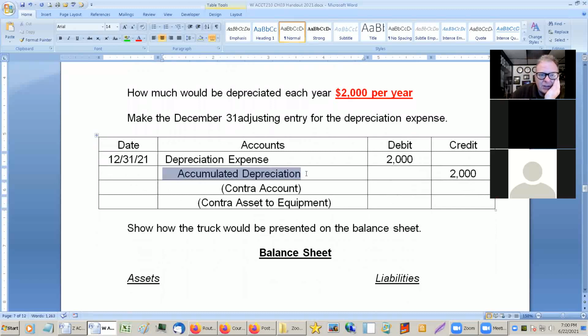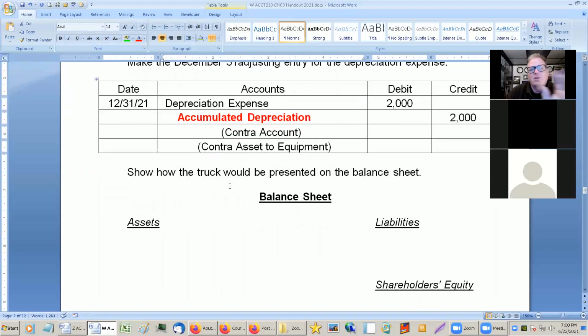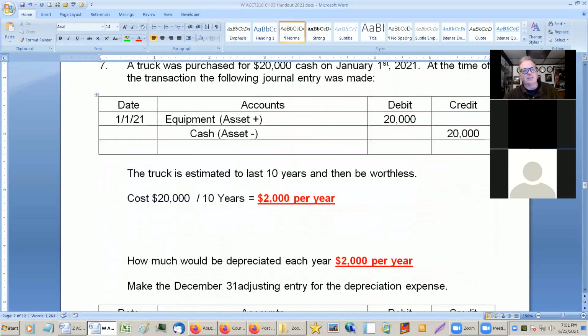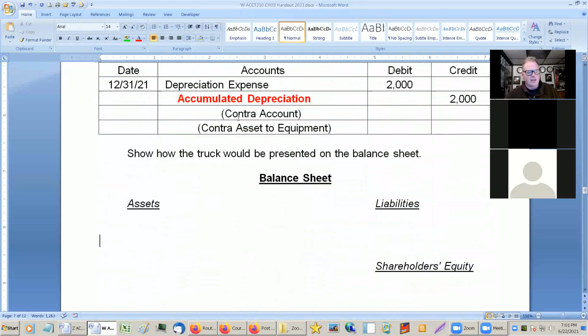So this is kind of the wacky one, and we'll see how this works out down here. This is how you guys actually saw this before. This is what we did in the accounting cycle thing. But this is a little bit more, we've actually done the work here. So this will be under assets. It's probably in our property, plant, and equipment.